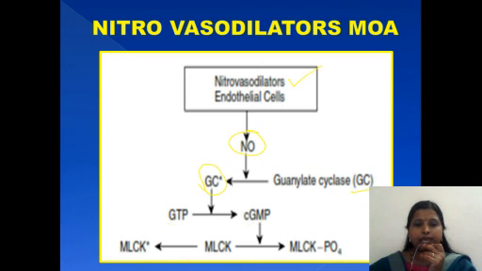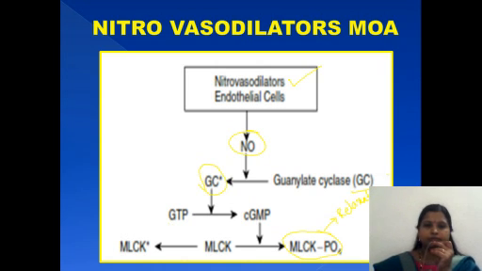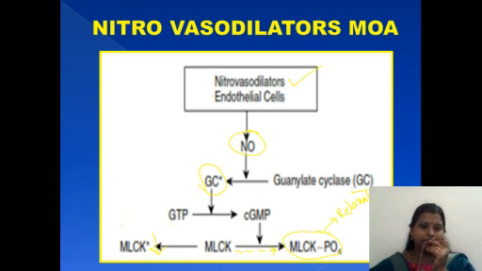Now this cyclic GMP helps in the conversion of the MLCK to MLCK phosphorylated form, and this causes relaxation. So there will be a decrease in the concentration of MLCK activated form, and hence contraction is getting blocked.